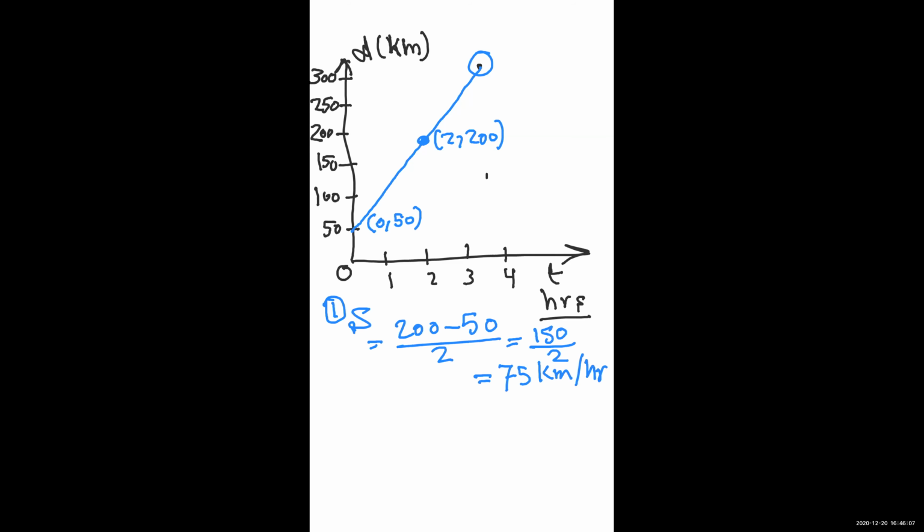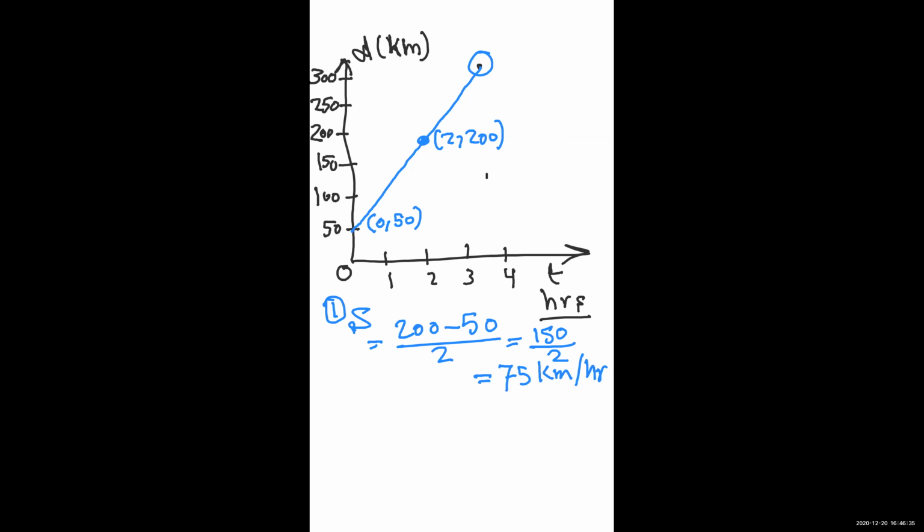Okay, are we clear till now? Any questions, guys? No, thank you. Okay, great. Then the next part: find the equation of the straight line representing the motion of the car. It's very easy. Now, guys, it's distance and time.